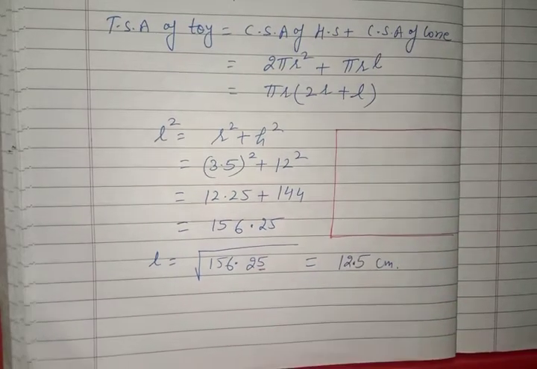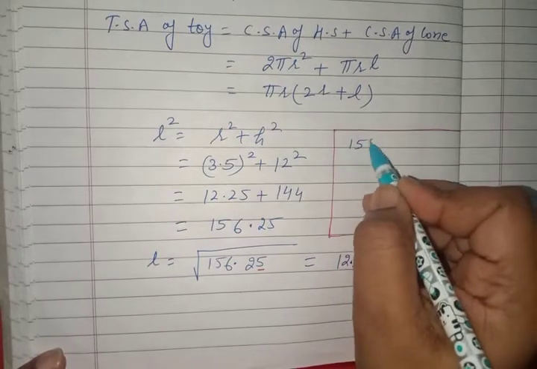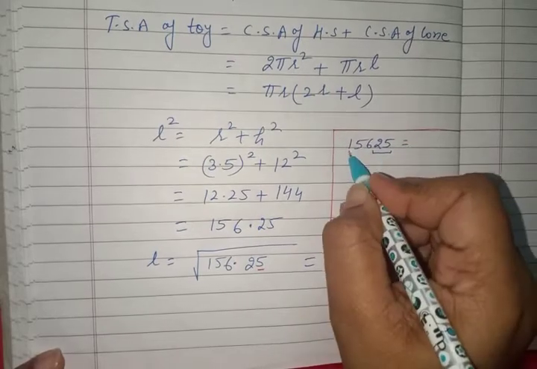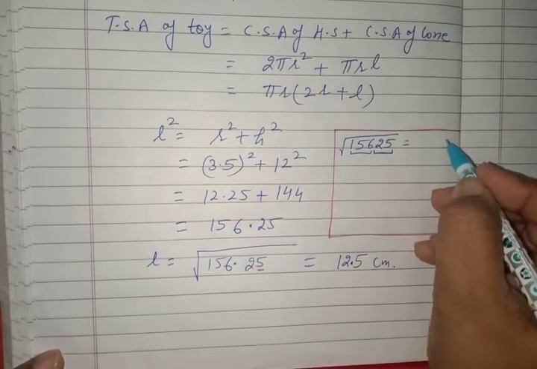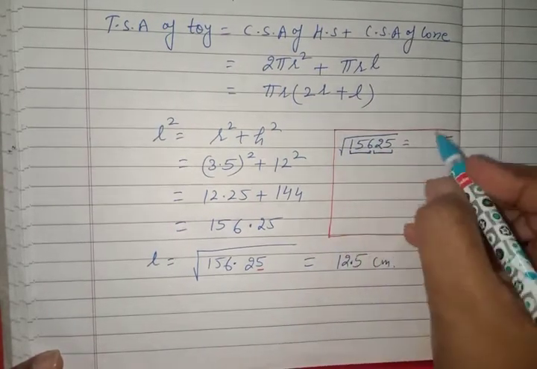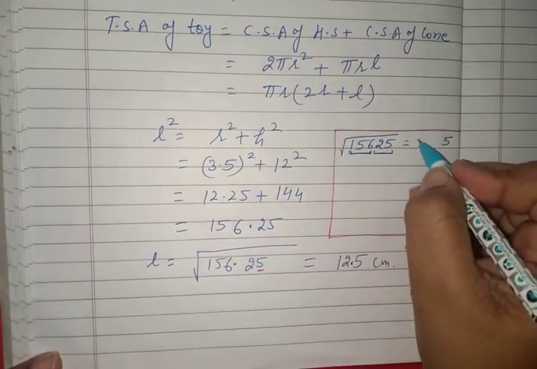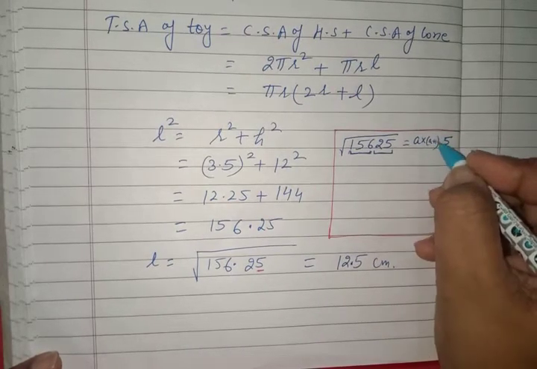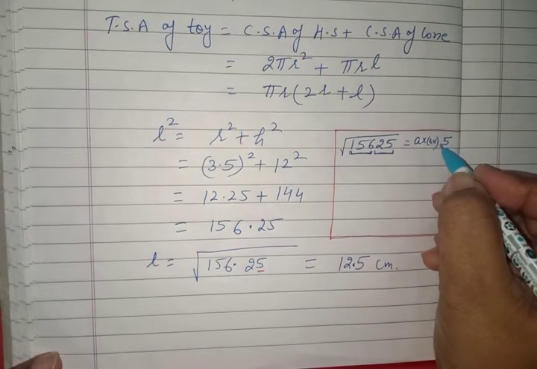If a number ends with 5, then you can apply this trick. If it is 156 and this 25, we will get a 2-digit answer. Square root of this 25 means at the end we will get 5, and 156 you have to write in terms of multiplication of two consecutive numbers, a multiply a plus 1, and this 5 is there.